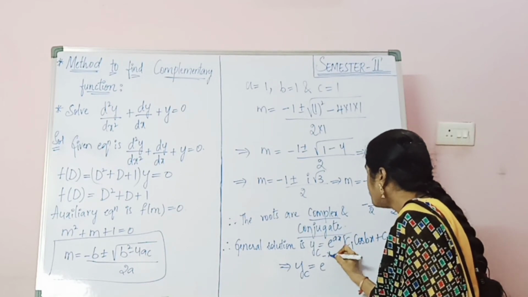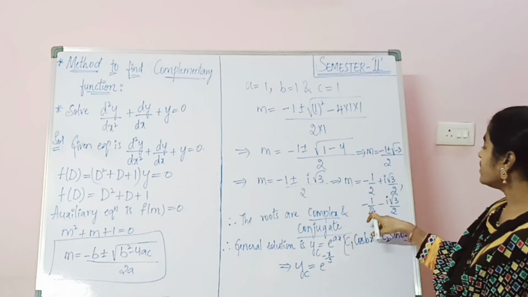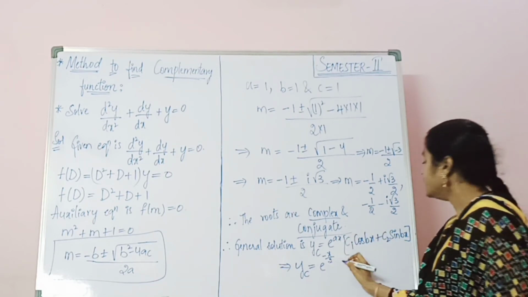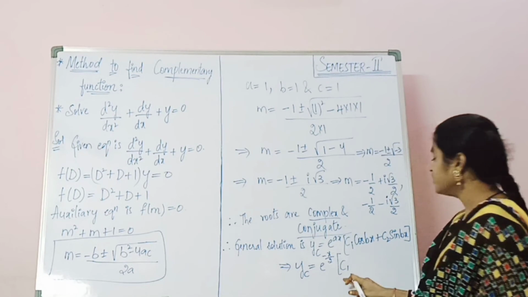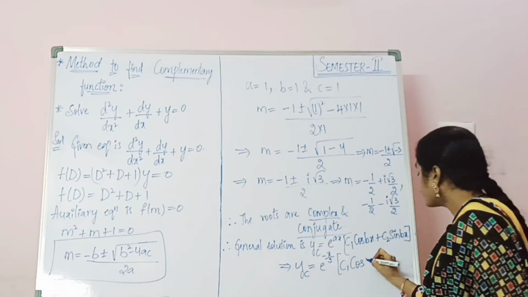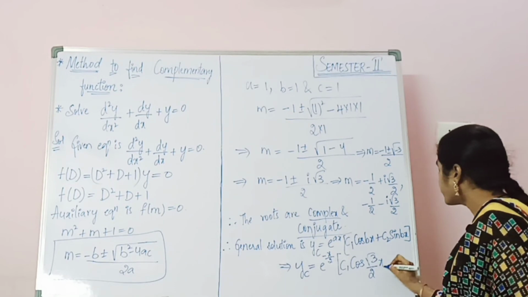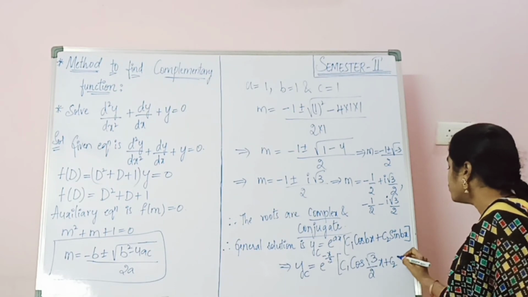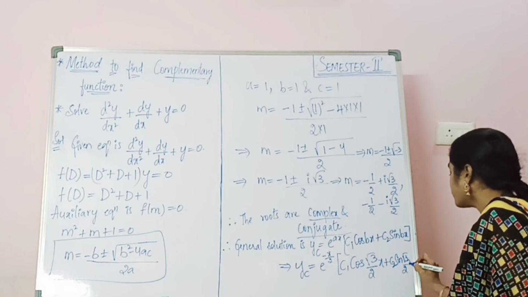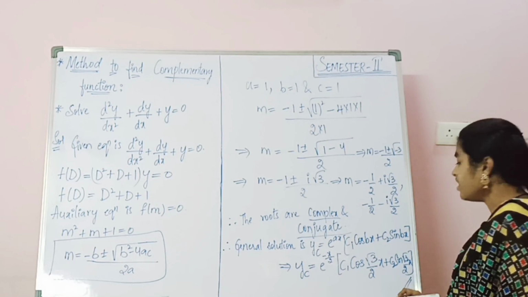So e power minus x by 2 into c1 as it is, cos, what is b here? Root 3 by 2. Cos root 3 by 2 into x plus c2 into sin, what is b? Root 3 by 2 into x. This is the solution.